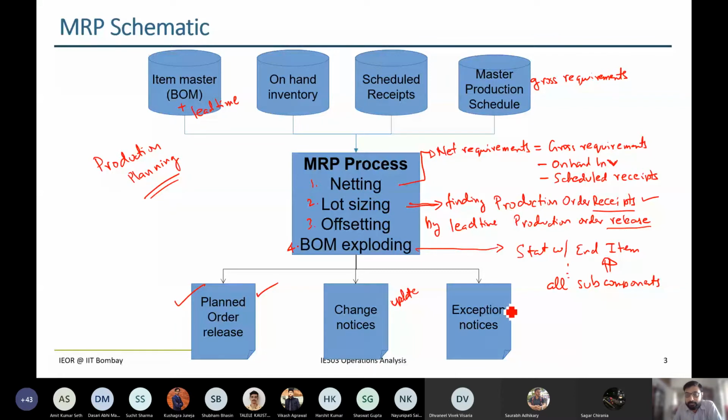Those things are called exception notices, saying we will be short of inventory, we cannot meet the requirements, etc. So one thing you can see is that in production planning, we plan to exactly meet the net requirements. We typically don't want any shortages. An exception notice is nothing but explicitly noting any shortages. In production planning, typically we don't allow for any shortages.